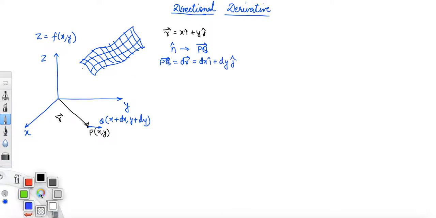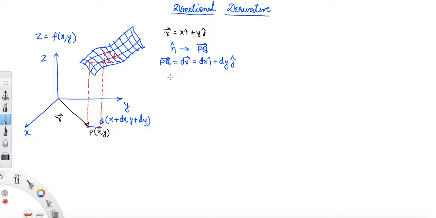And so if we consider z corresponding to p, which is this height, and corresponding to q will be, let's say, this height. So if we see how much change we encountered in z if we moved from p to q, this will be the elementary change in z, which is dz.